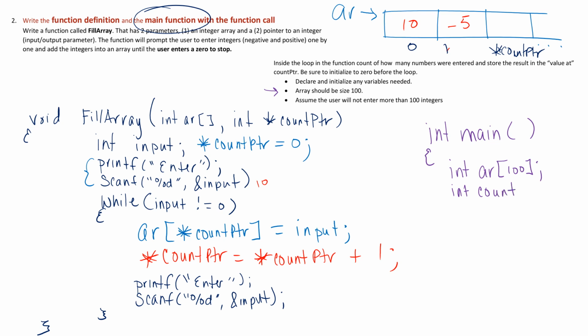We could initialize it to 0 here, but we make sure that it's 0 when we set it here. But you could set it to 0 because we haven't put anything in there yet. Then you call the function fill array, and you pass it the array and the address of count. And then we have return 0 for our main function.